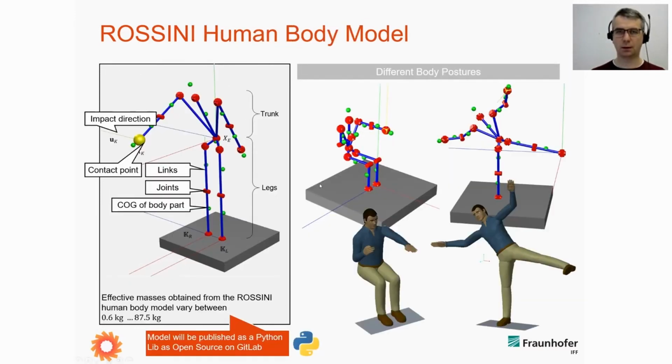Good. Back to the human body model. Just a brief overview: as you can see, it's a multi-body system with a lot of centers of gravity, links, joints, and so on. We use this model to calculate the effective mass of the human body. Of course, we can apply different body postures, different impact directions, different contact points, and so on.